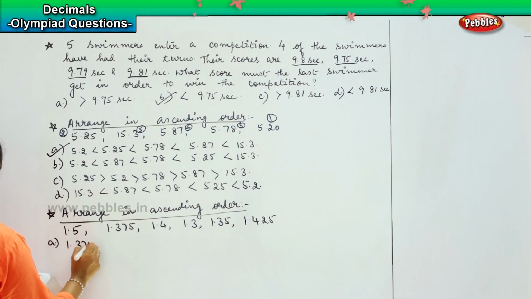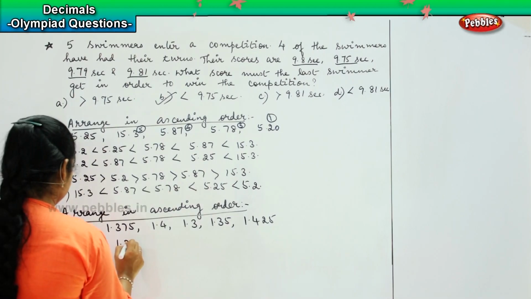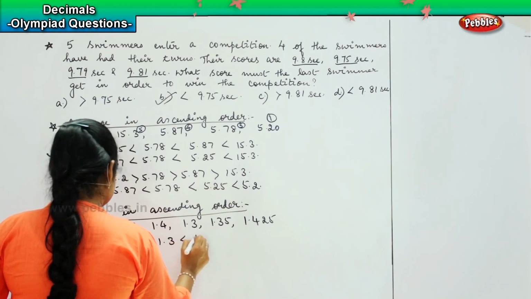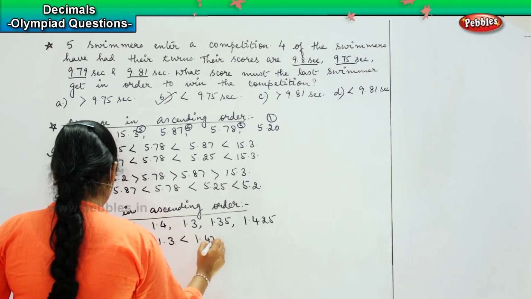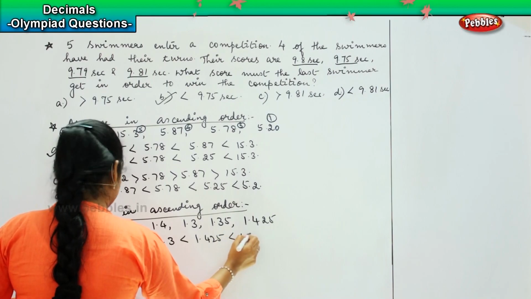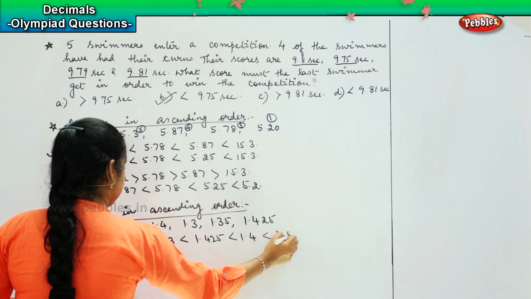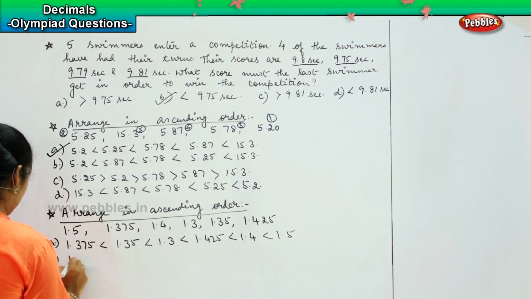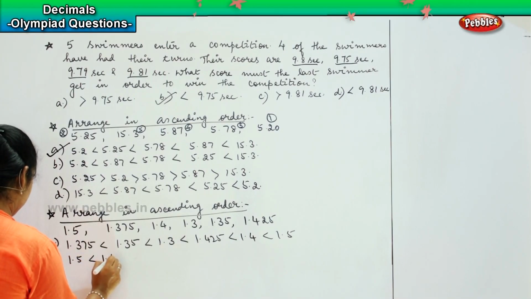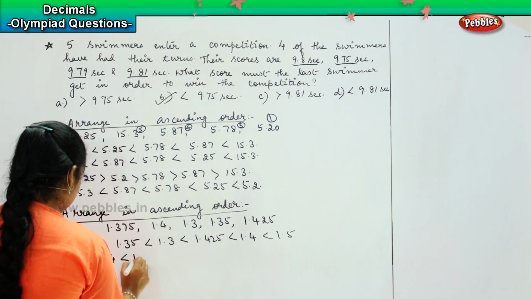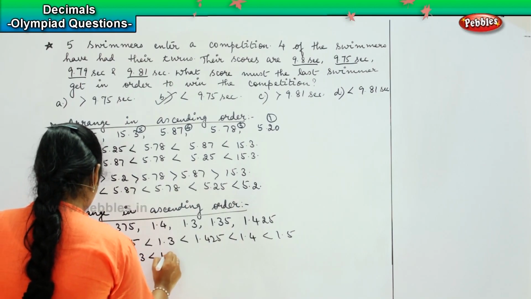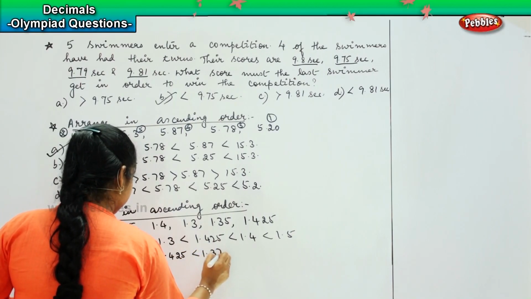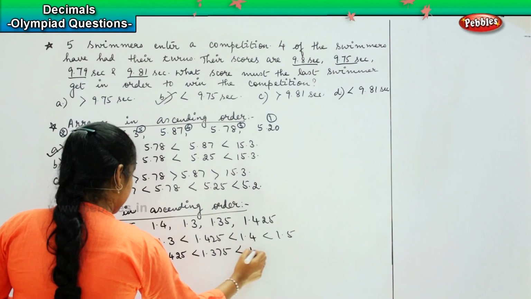1.375 is less than 1.35, is less than 1.3, is less than 1.425, is less than 1.4, is less than 1.5. Option B: 1.5 is less than 1.4, is less than 1.3, is less than 1.425, is less than 1.375, is less than 1.35.